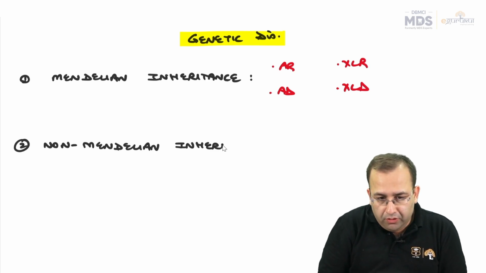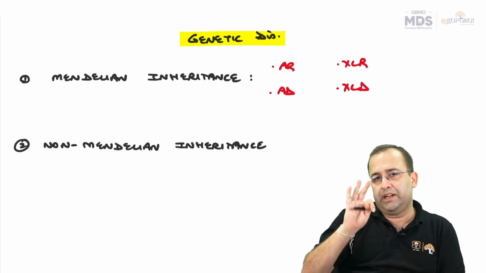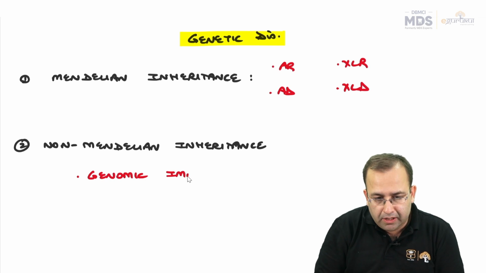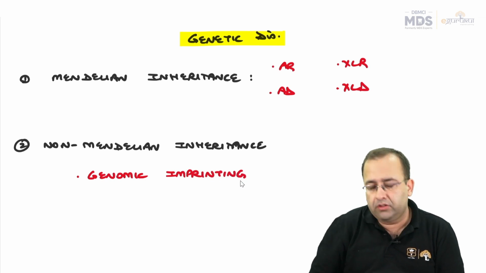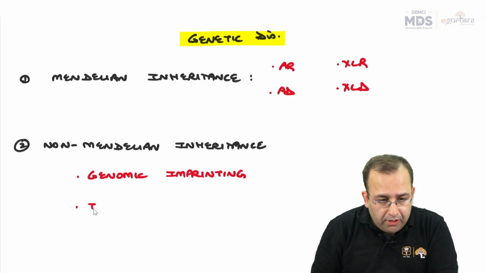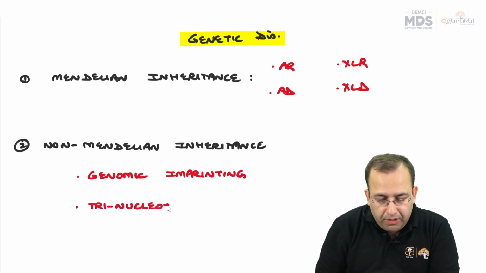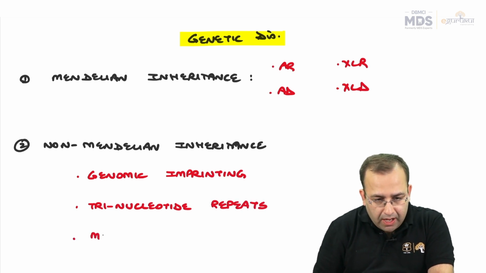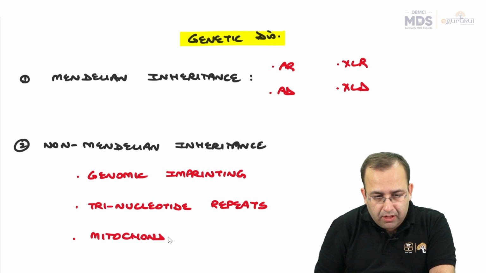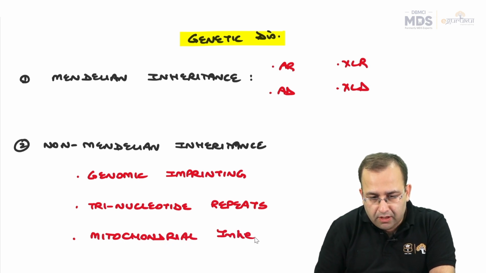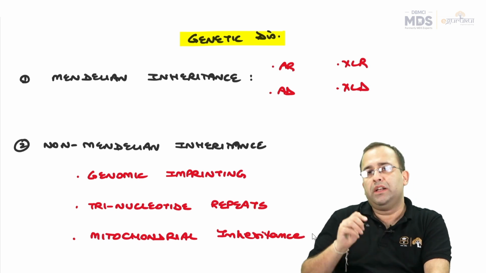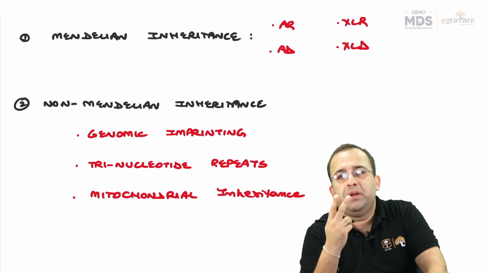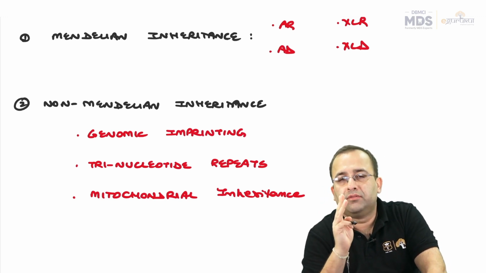Non-Mendelian inheritance is of 3 types: genomic imprinting, trinucleotide repeats, and mitochondrial inheritance.